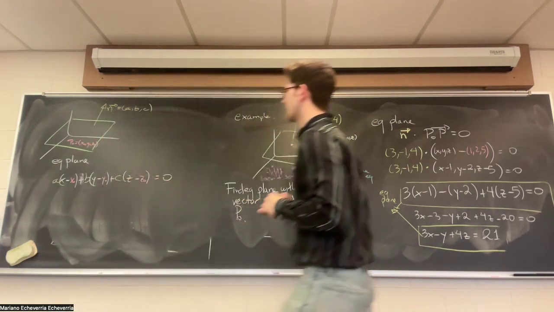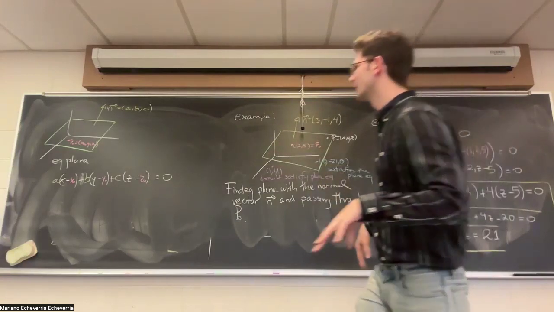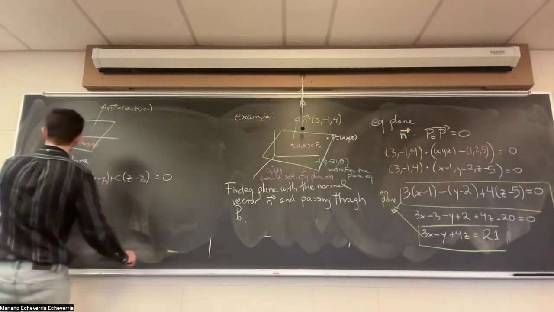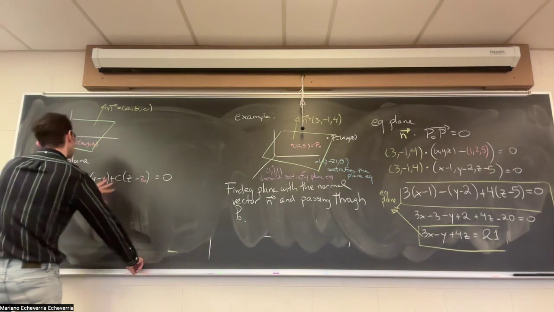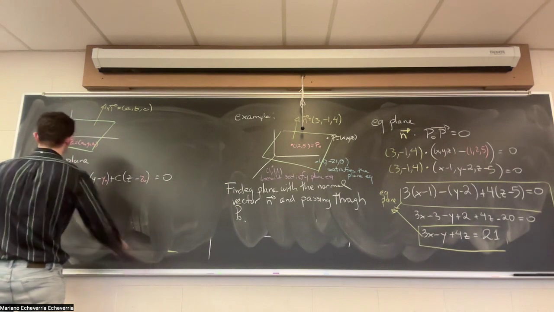So the coefficients that multiply x, y, and z are the entries of the normal vector. This is a more common way of writing the plane equation.